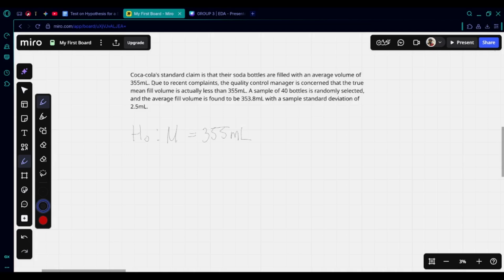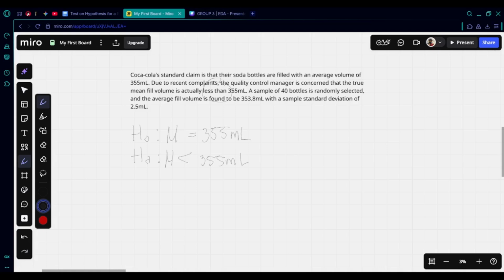Next, due to recent complaints, the quality control manager is concerned that the true mean fill volume is actually less than 355 ml. So for our alternative hypothesis, our average is less than 355 ml.